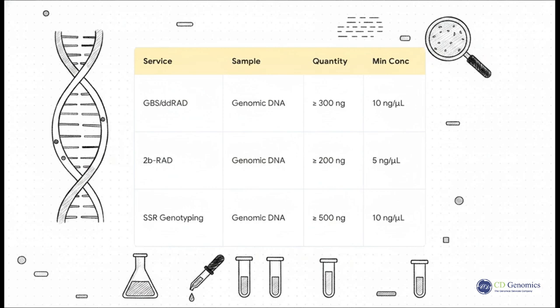CD Genomics has heavily optimized their input parameters to make your life a whole lot easier. They accept standard genomic DNA across various services with really accessible quantity thresholds. For example, their highly reproducible 2B-RAD sequencing method requires a recommended quantity of just 200 nanograms of DNA at a minimum concentration. That makes it incredibly resilient even for projects where your sample material is super limited.